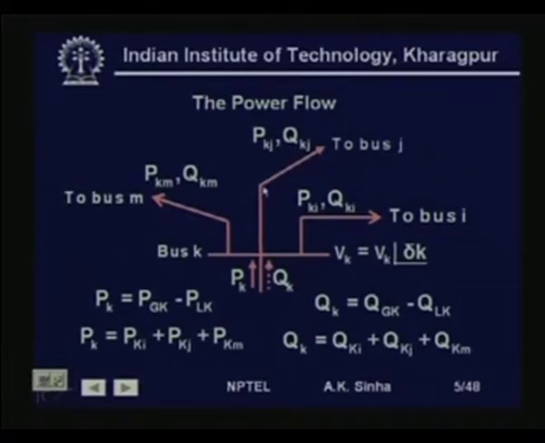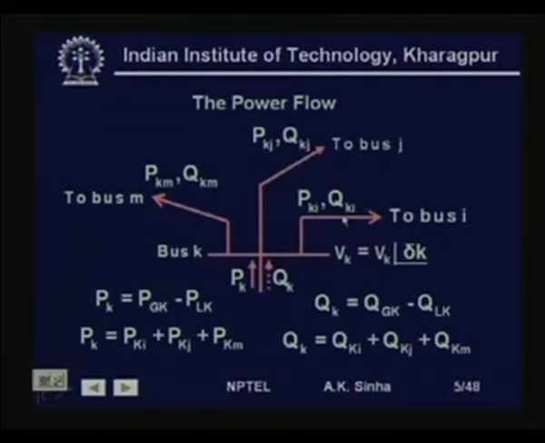Now, if we look at the situation at this node, then what do we find? We find that the injection here is going to be equal to how much? It will be the sum of all the power flowing out from this bus. So, this P k will be equal to P k i plus P k j plus P k m, these power flowing out.